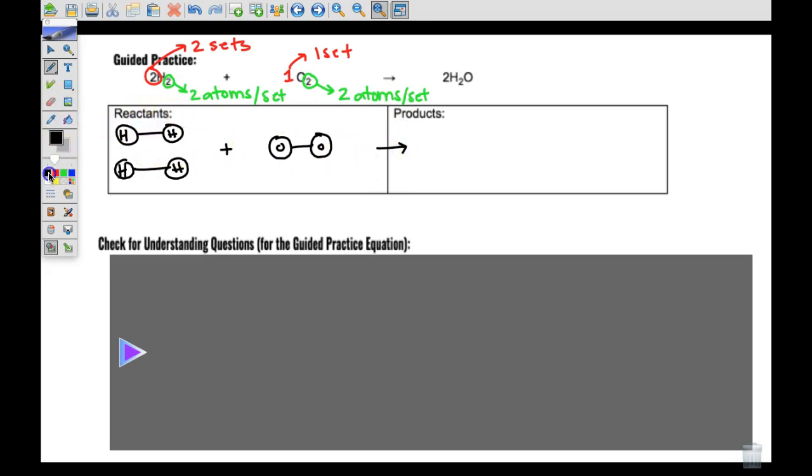I'm going to draw my product. I see in my product that it's H2O. So I have 2 H's and 1 O, because even though there's no number, it represents a 1, and these are all connected together. Typically, if you only have 1 of something, you put it in the middle of your drawing.